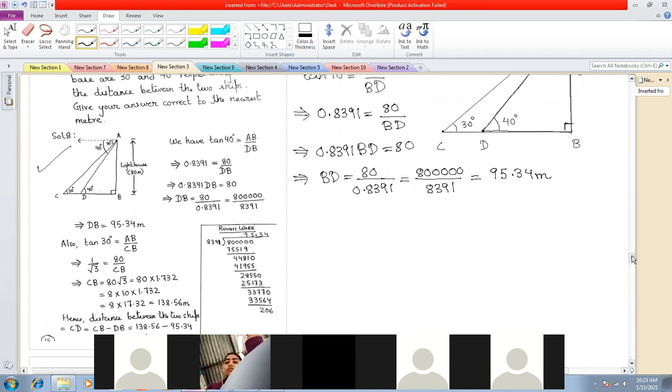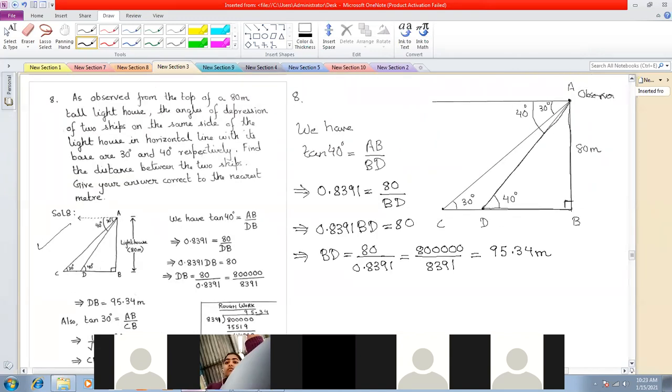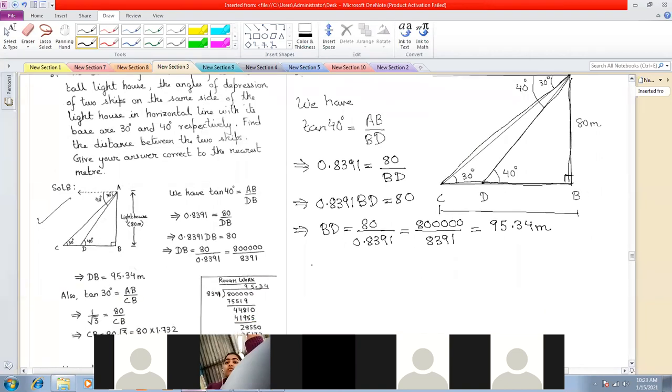Next, once we have found out BD, now we shall proceed to find out this length, CB. For that, we shall use the bigger right angle triangle, this one. So ABC triangle we are going to use.